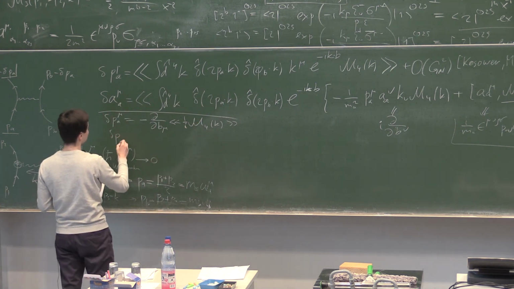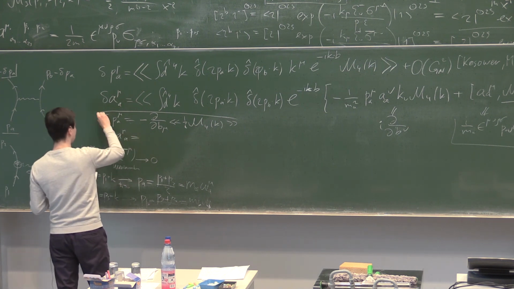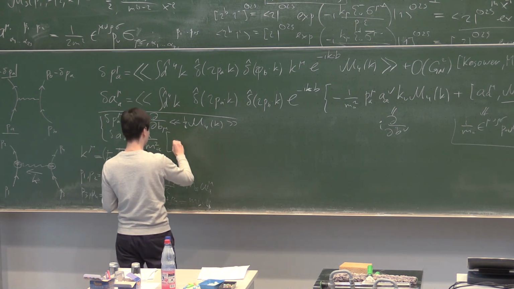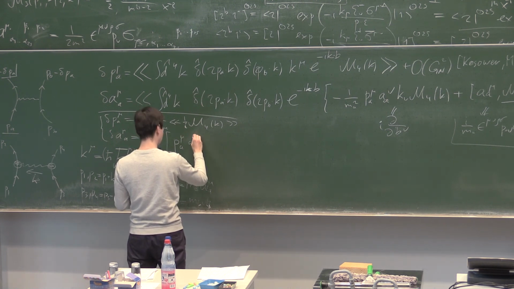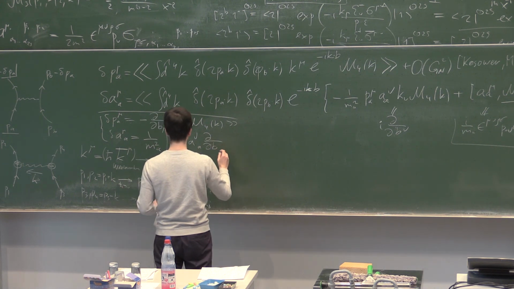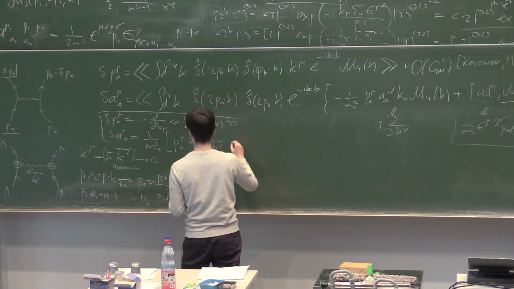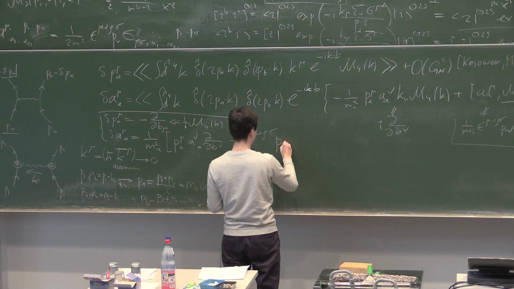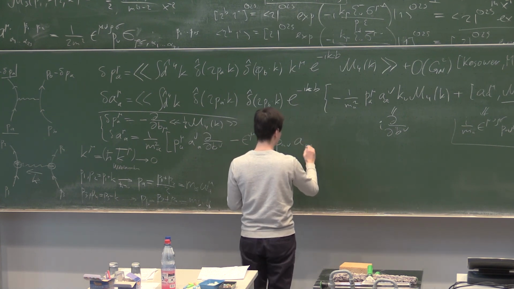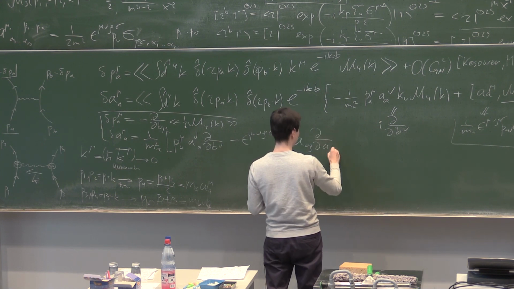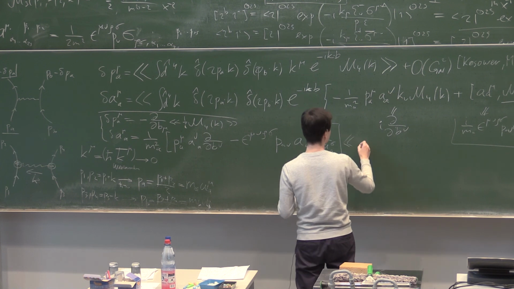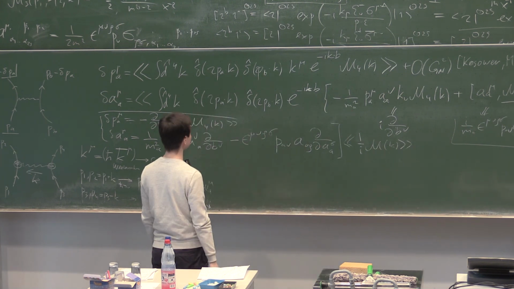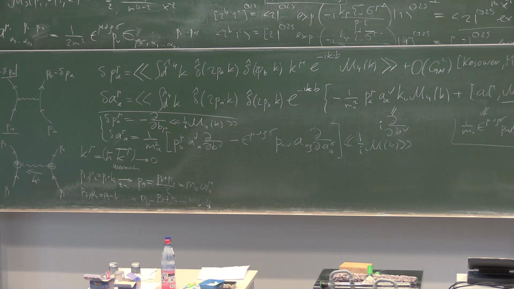It's just a convention thing. A mu, I will write it as minus Levi-Civita over i m. Maybe let's take a break now.